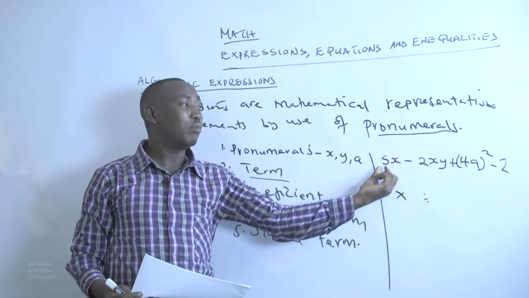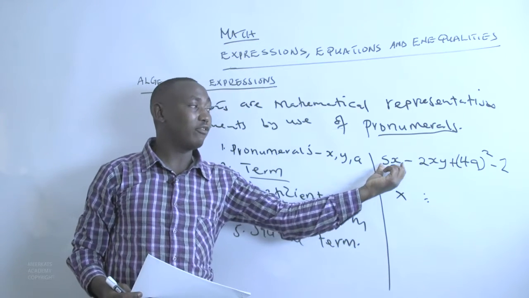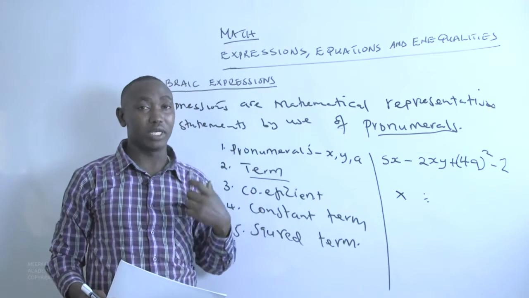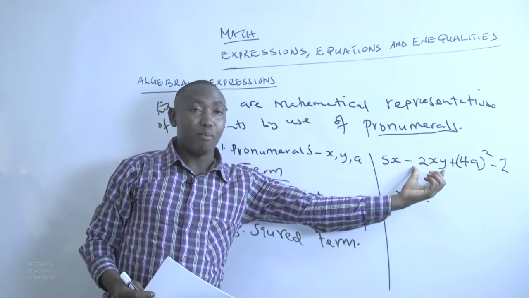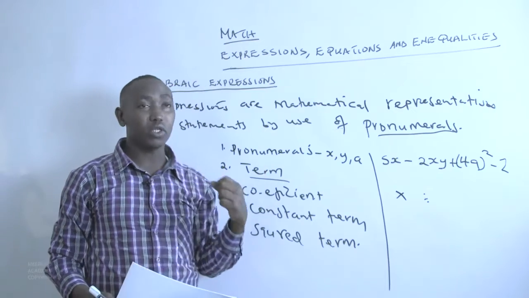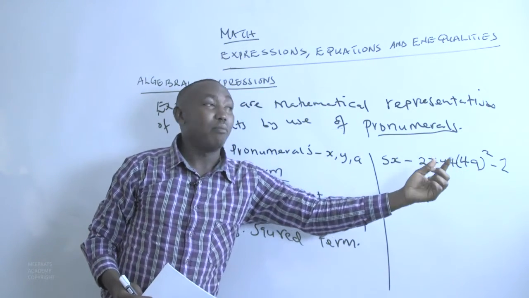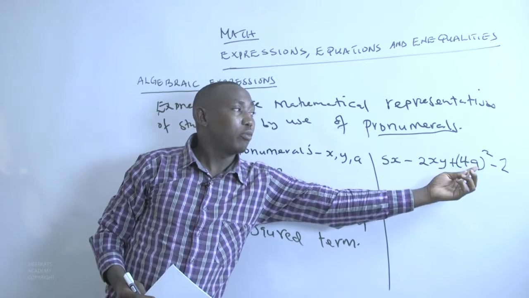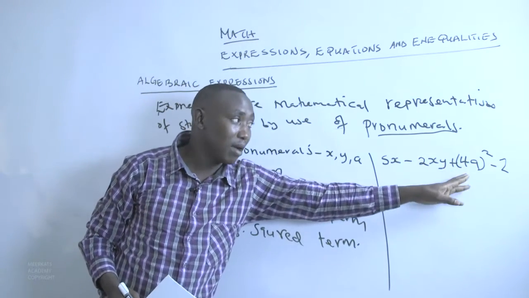This is like 5 multiplied by x, which will give us 5x, and therefore 5x is a term on its own. When we consider this second, minus 2xy, it is also a term on its own. If we look at this 4a, it's a term, that is a number and a pronumeral connected by a multiplication sign. Therefore, it's a term.